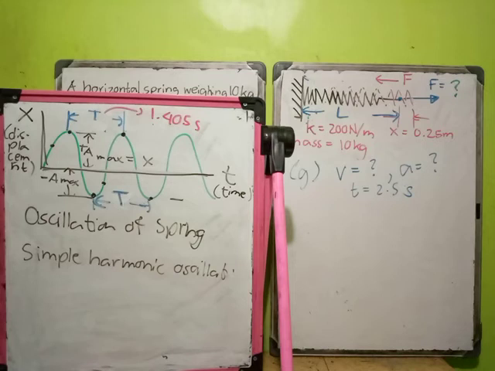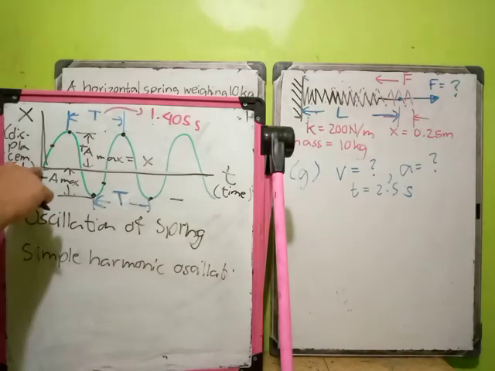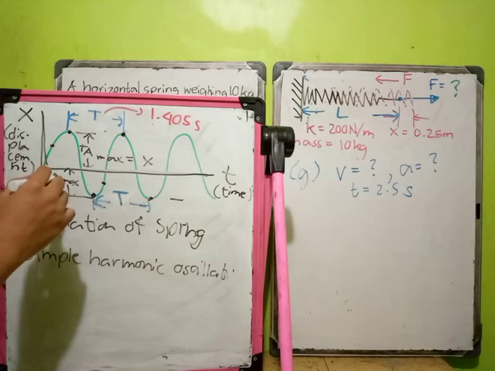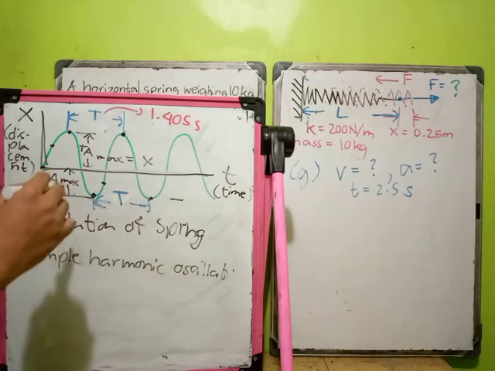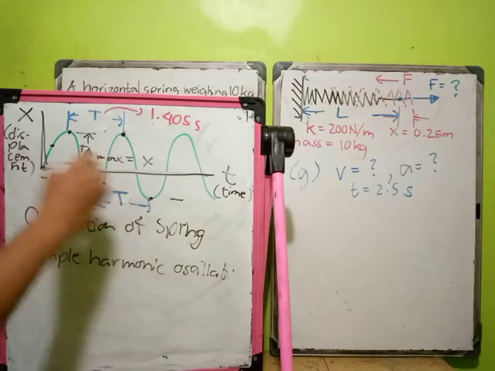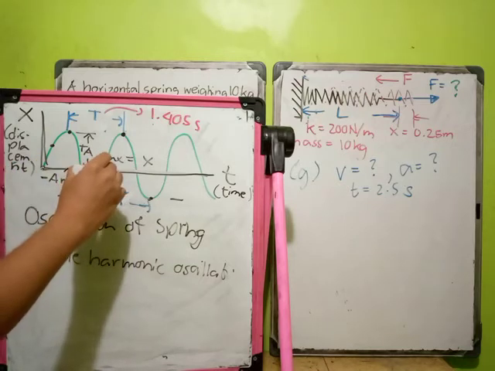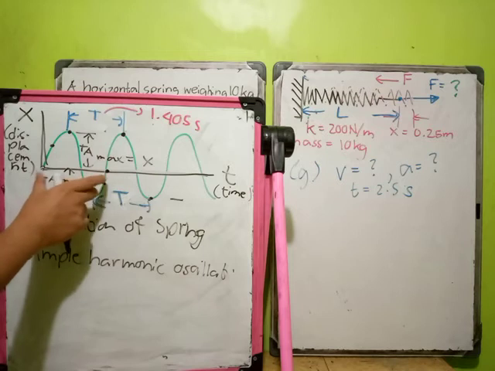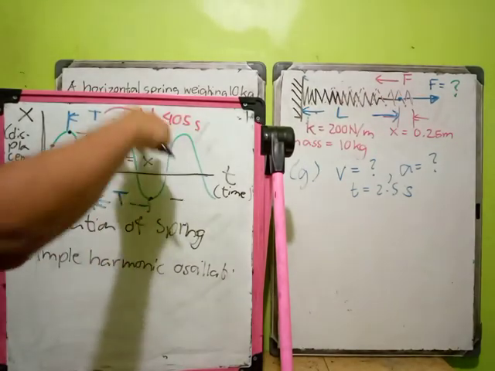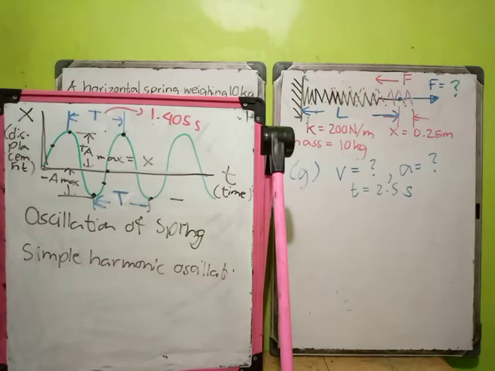So, yan yung T. Pwede mo ring sukatin yung T mula dito until the time na bumalik siya sa original position niya. From here to here. Okay? In a sense na this is one cycle, this is one cycle, and this is one cycle. And it took 1.405 seconds to complete that cycle.